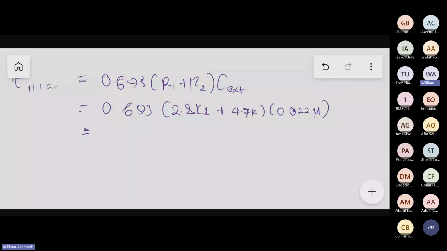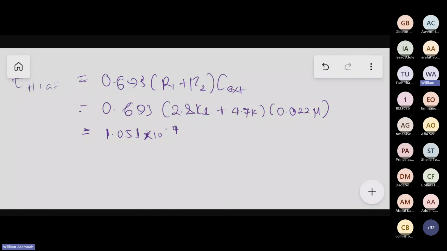Please, who is doing that for us? Okay, great. You've already done that. 1.051 times 10 exponent negative 4.